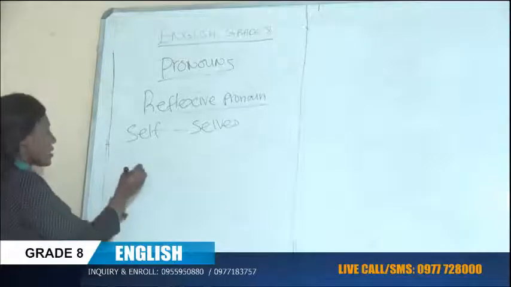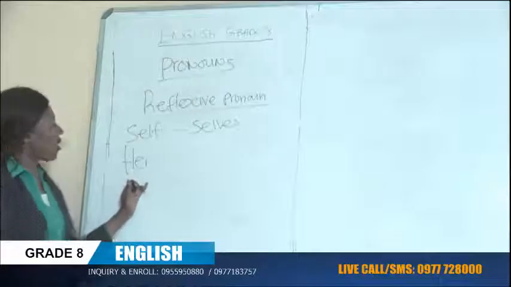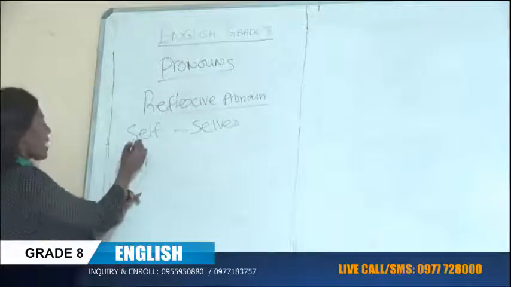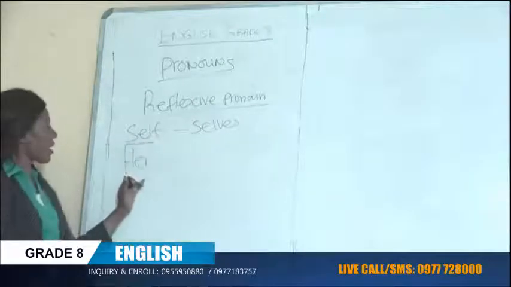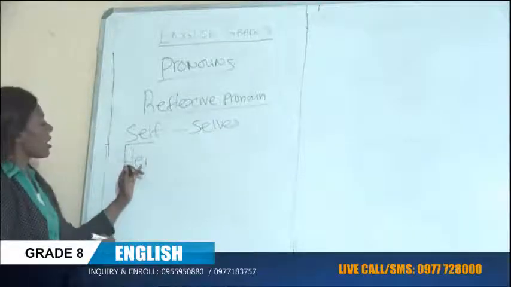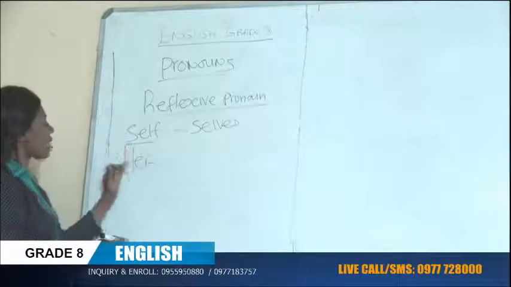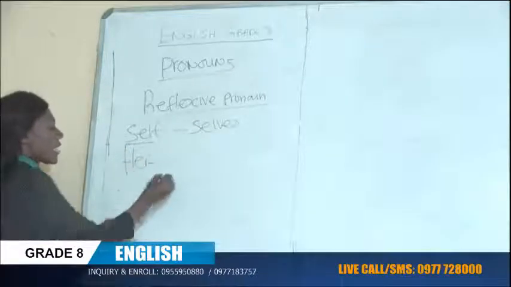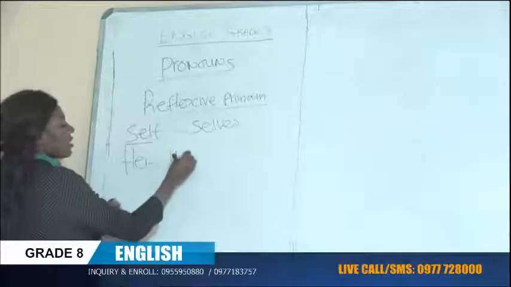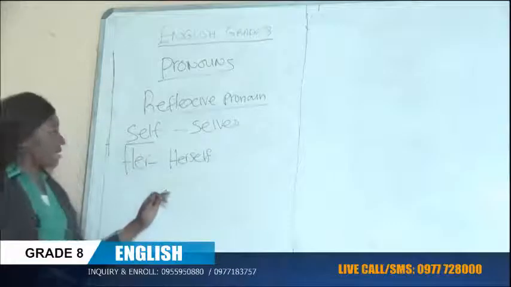Okay, let us look at this example. Her is a pronoun. We're adding self to the pronoun her so that it changes to a reflexive pronoun. So when we add self to the pronoun her, it will read herself.